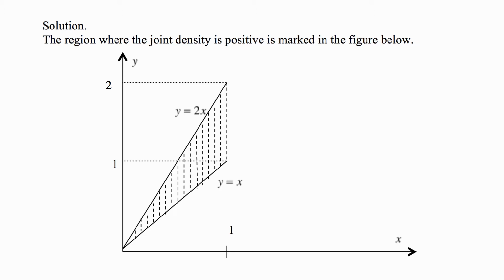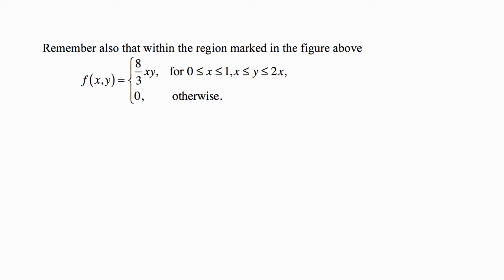This is the way we establish the region marked with these dotted lines as the region where the joint density formula applies. Outside of that region, joint density is 0, and that is more or less irrelevant. Remember that within the region marked in the figure, the joint density is 8/3 xy. Very important to remember that.